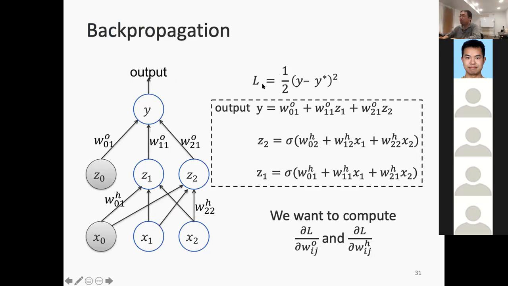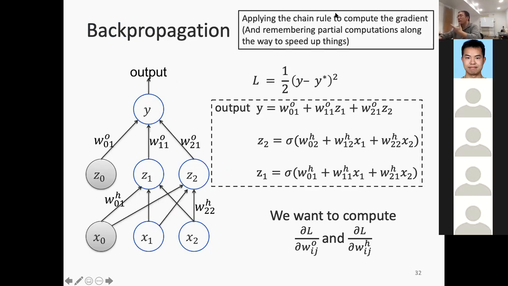So if we want to compute the derivative of the loss function with respect to any edge weight, say partial L over this weight Wijo, and also any weight on edges connecting to the hidden layer, like Wij, how can we do that? We just apply the chain rule to compute the gradient along the way to the weights.